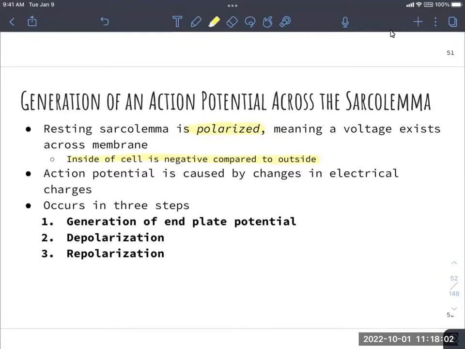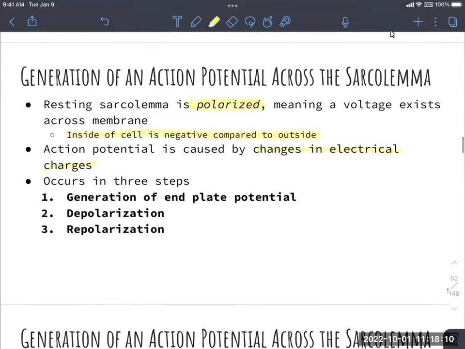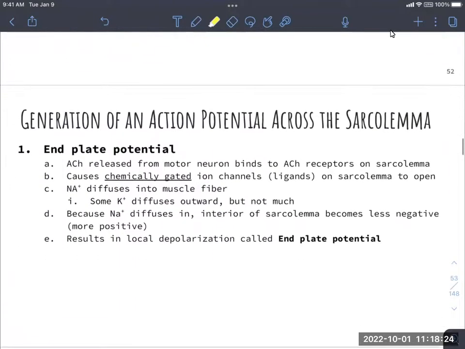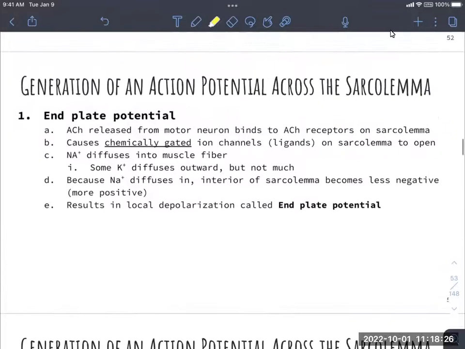And those action potentials are caused by changes in electrical charge, like I showed on the previous drawing. So we have end plate potential. We have what is called depolarization and repolarization. That was that chart that I drew out. I just didn't label it yet.